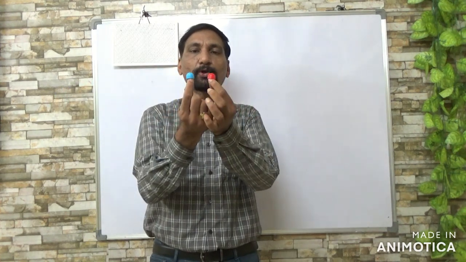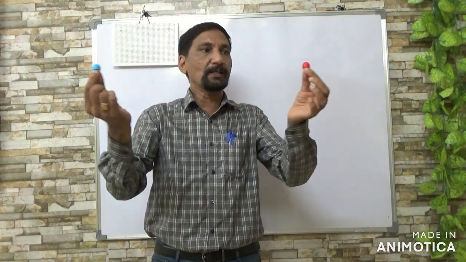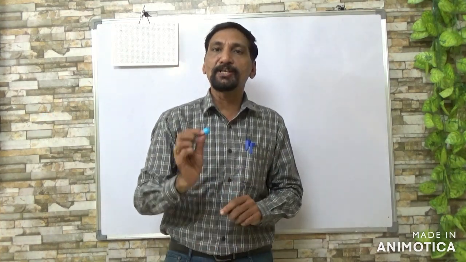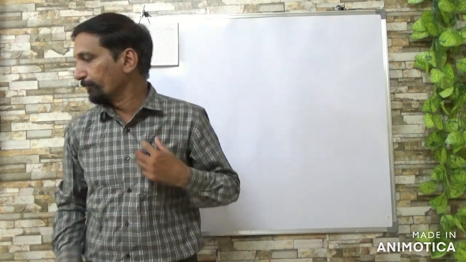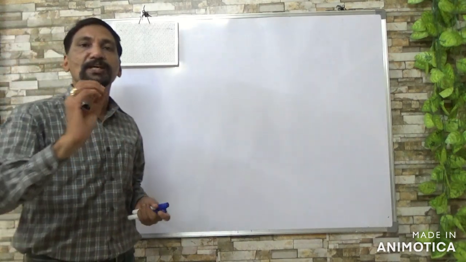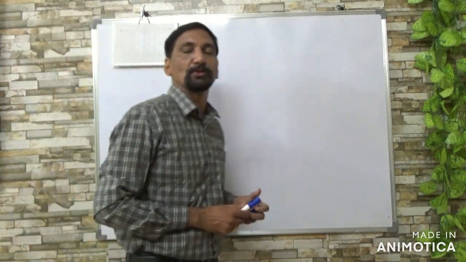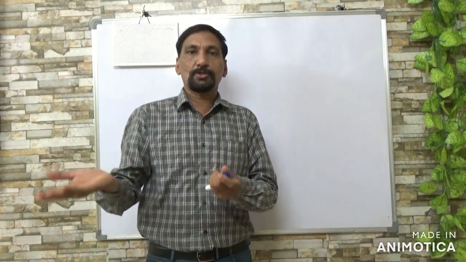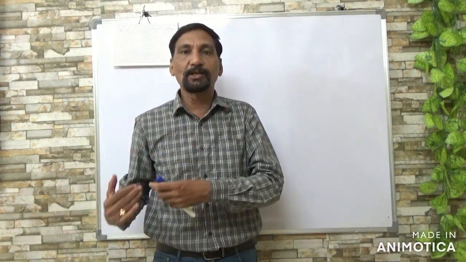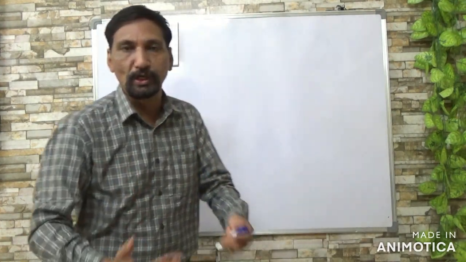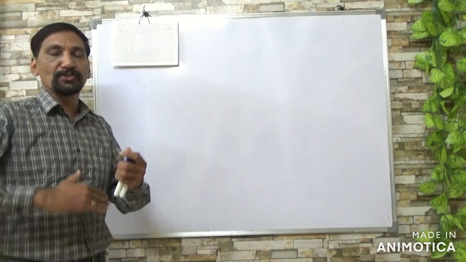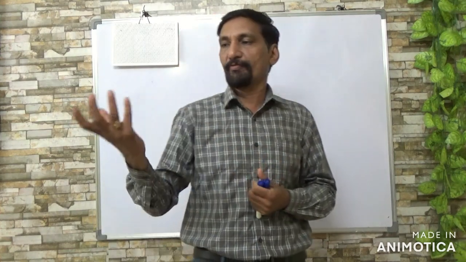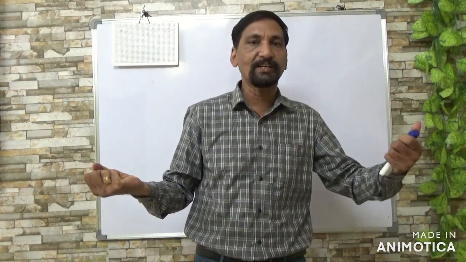Suppose they are brought together and then again kept at the same distance. Will there be any change in the force or not? Definitely there will be some change in the force. Why? Because whenever you bring 2 point charges together, charge moves from higher potential to lower potential. This level of charging is usually called potential. If one is having more electrons, the other is having fewer electrons.